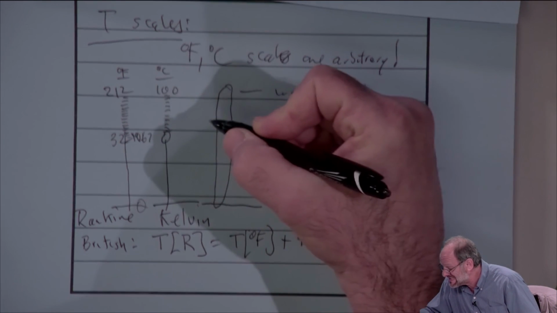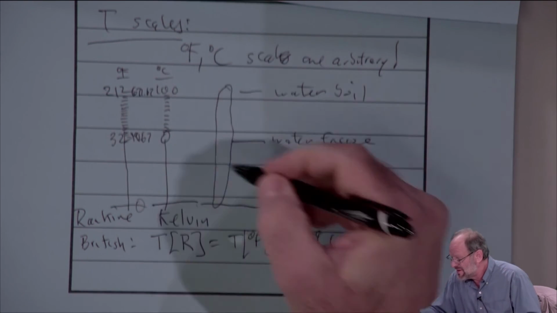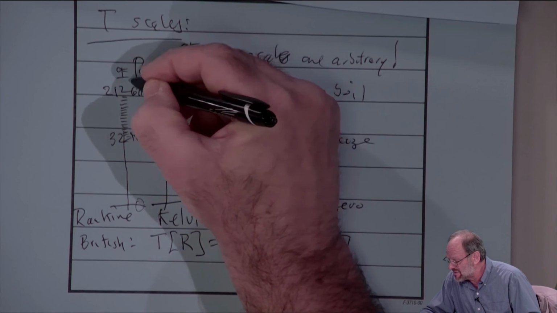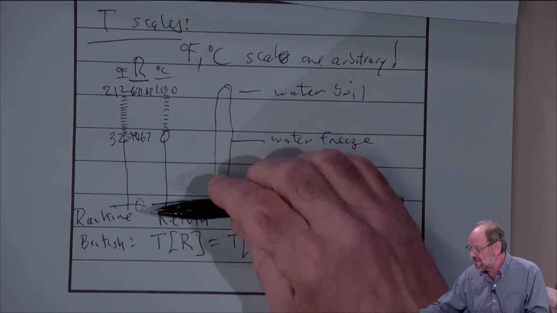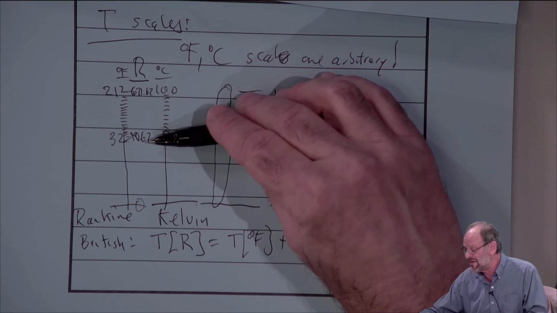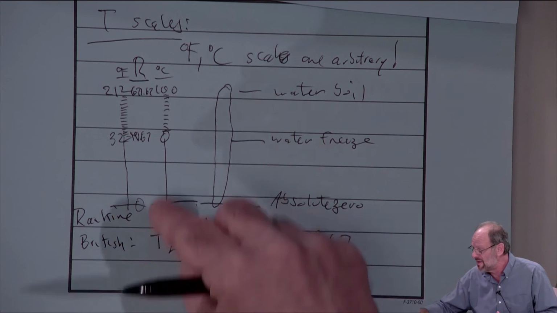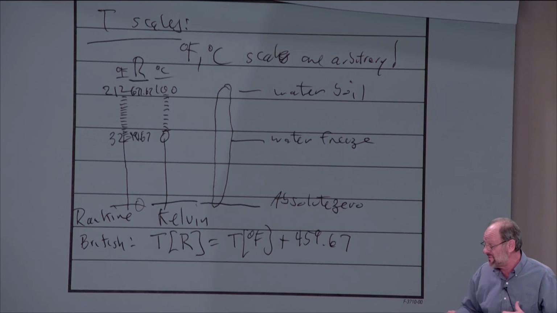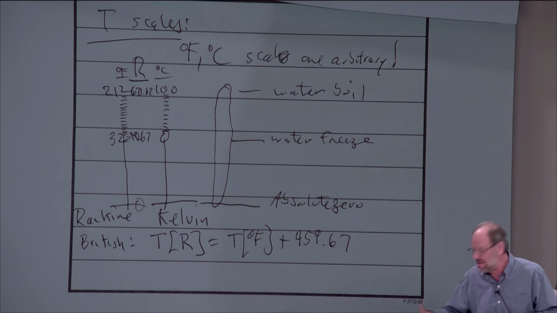I'm sorry, 671.67. So this right here is the Rankine scale. It starts at absolute zero, and when it gets to 491, that's when water is going to turn from freezing water into liquid water. And then when it gets to 671, you're going to finally get to the point where water boils. This is one of the absolute temperature scales that we're going to use. We'll use the Rankine scale.